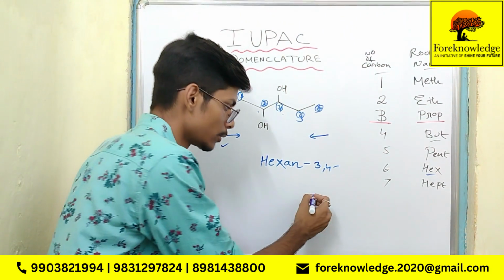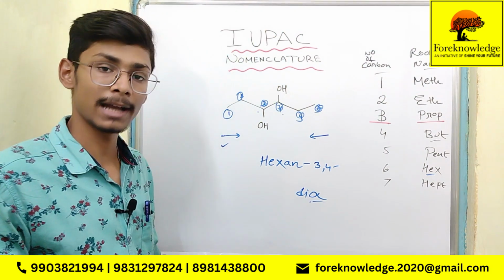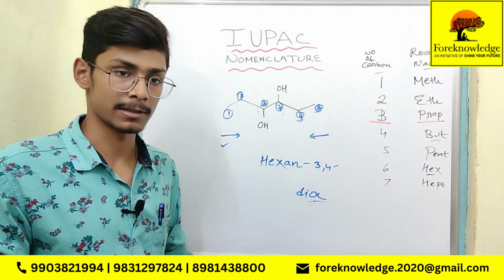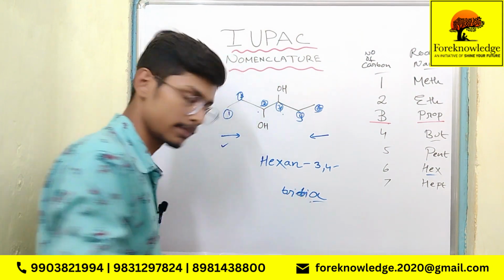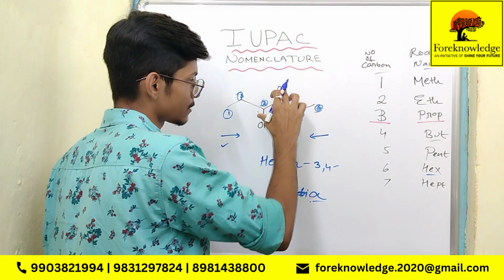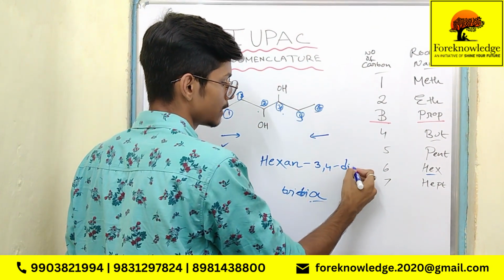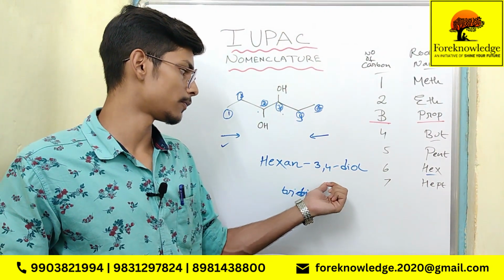No. We will not write only "ol". We will write diol. Why diol? Because 2 OH are present. If 3 OH were present, then we would write triol. If 4, then tetraol. Okay. So for this compound, as 2 OH are present, it will be diol. So the name of this compound will be hexane-3,4-diol.